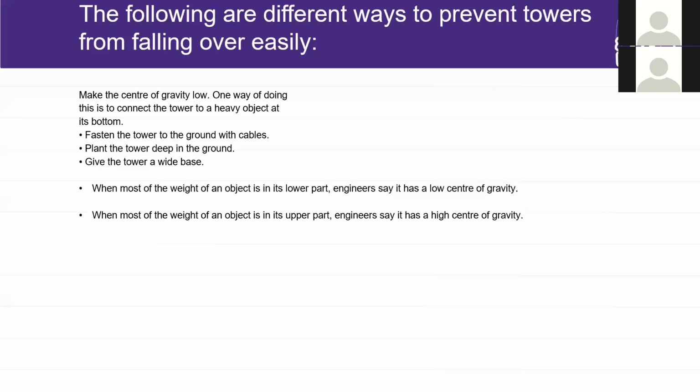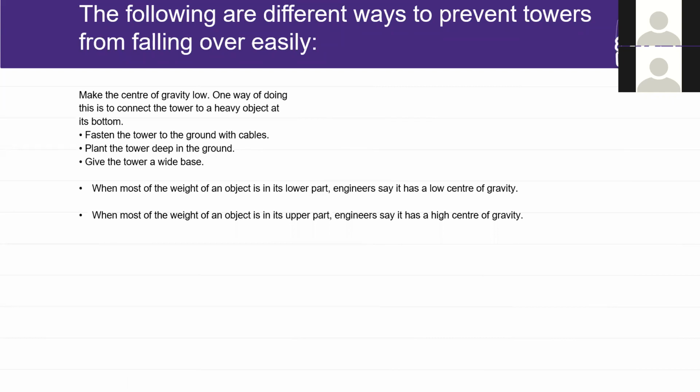Or you can fasten the tower to the ground with cables, or you can plant the tower deep in the ground like the first and the last tower that you saw, or give the tower a wide base like that tower that you saw with a wide base.